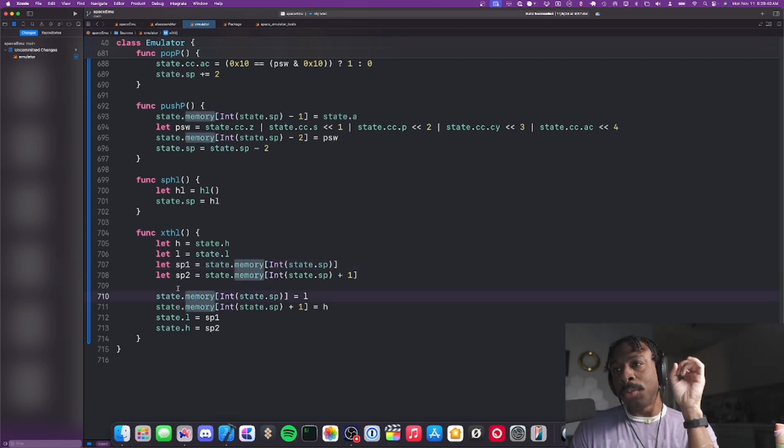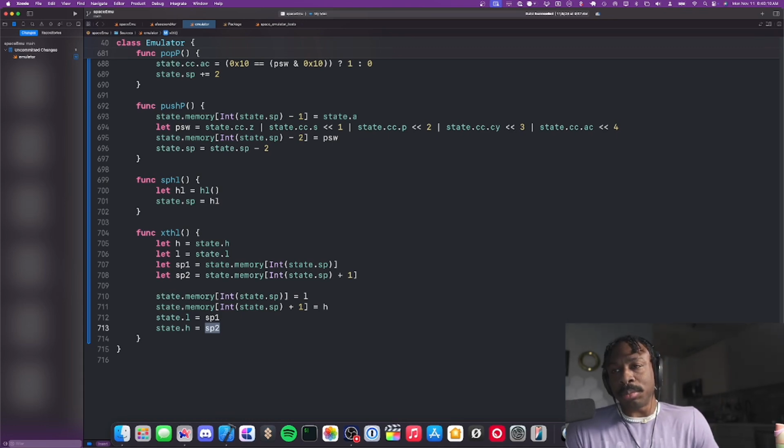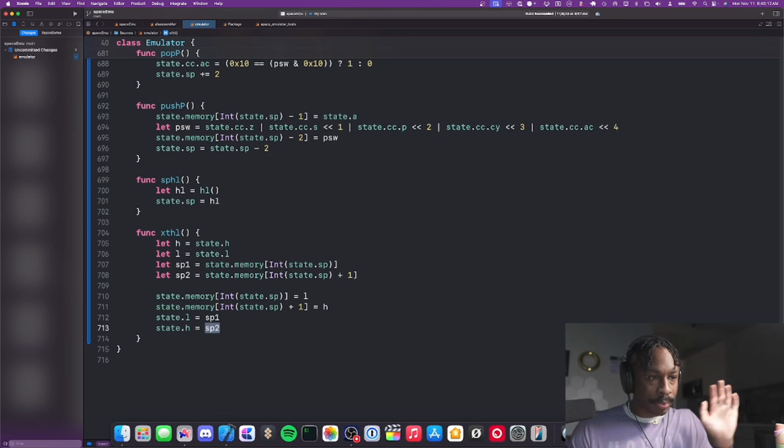And then we are setting the state.memory where the stack pointer is to L. We're setting 1 plus the stack pointer to H. And then we are setting L to sp1, setting H to sp2. All we're doing is swapping H and L with the top stack pointer, the top 16 bits of the stack. Okay.